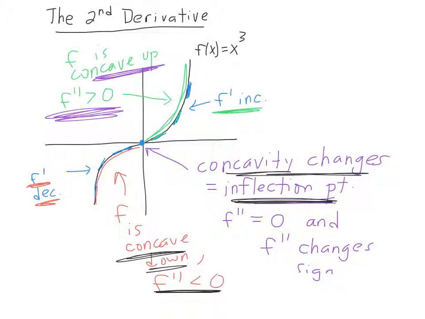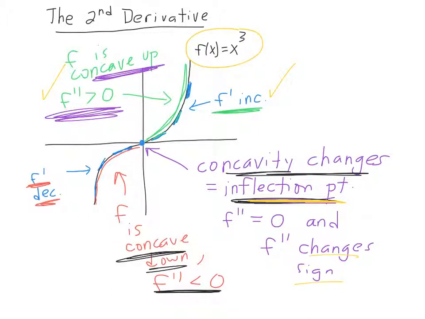And keep in mind, guys, that this original function is f of x equals x cubed. So we're using both the first derivative and the second derivative as a tool to tell us about that original function, okay? Again, inflection points are special points where the second derivative is equal to 0 and the second derivative changes sign, okay?